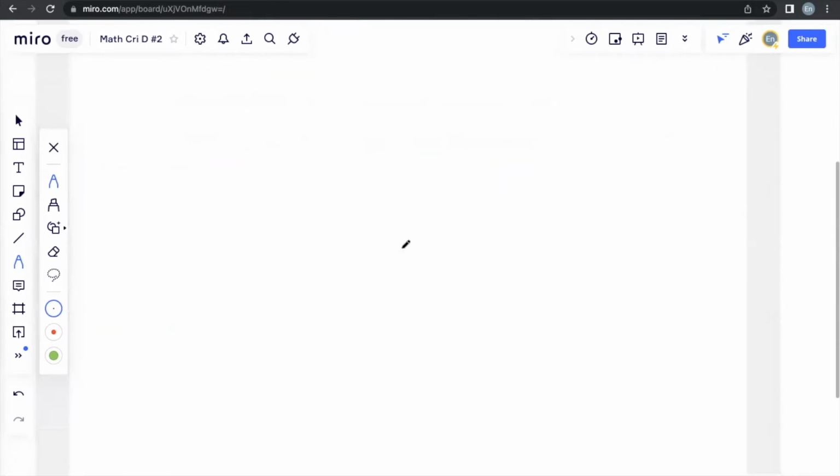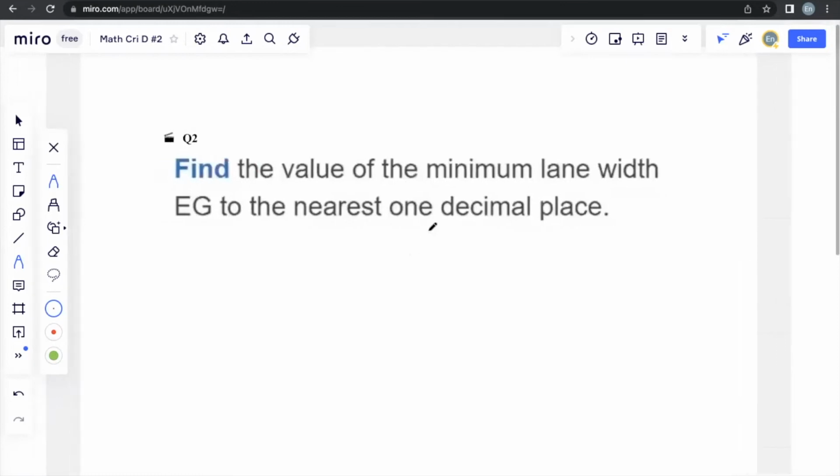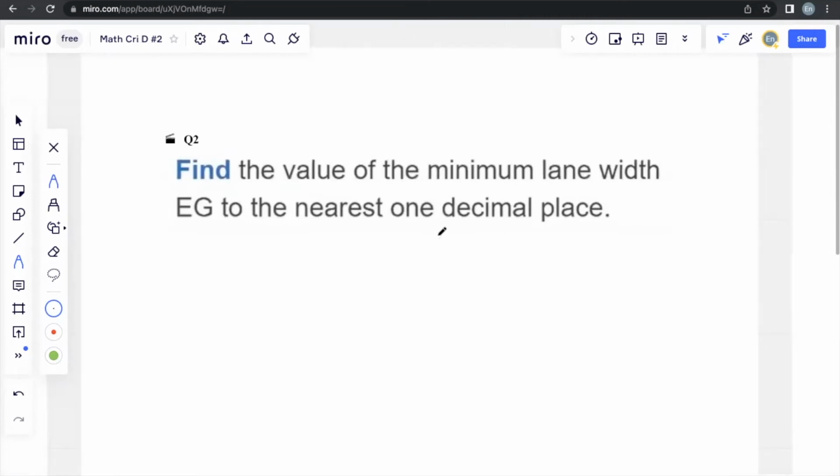Moving on to the second question. Find the value of the minimum lane width, EG, to the nearest one decimal place.